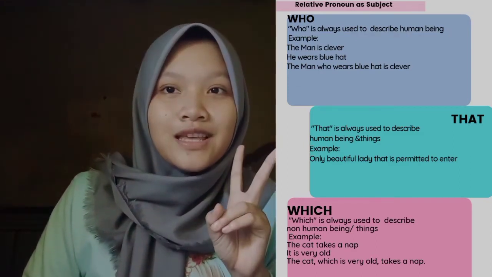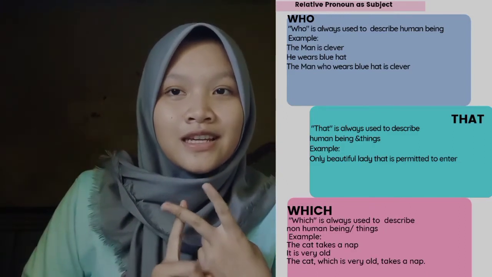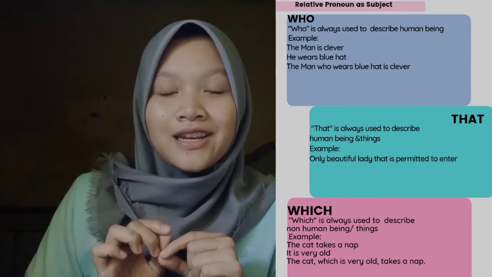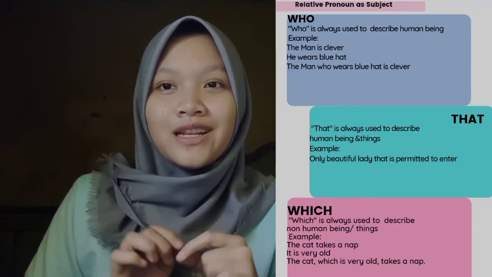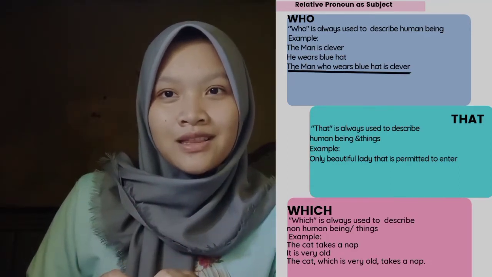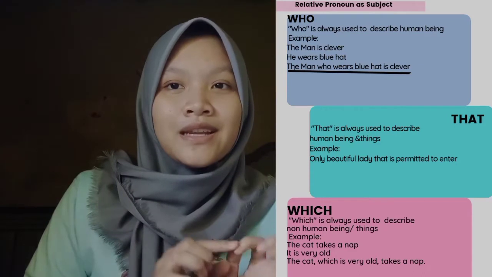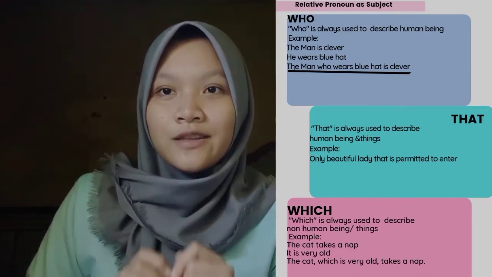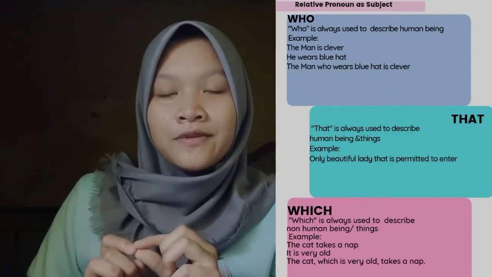I have two sentences, the main clause and the subclause, and we can combine them to get the perfect sentence: The man who wears a blue hat is clever. Who wears a blue hat is the adjective clause, with wears as verb, and clever as adjective.